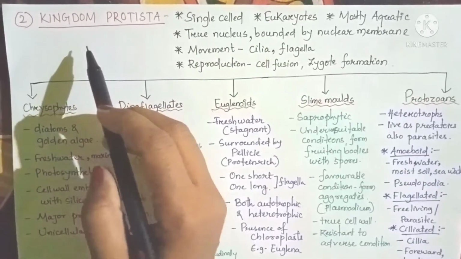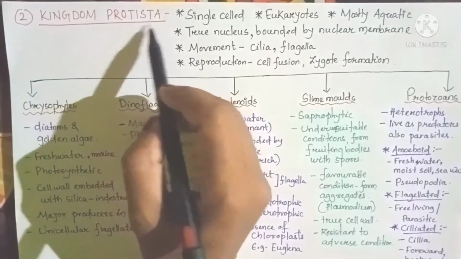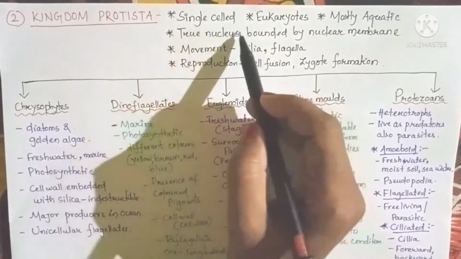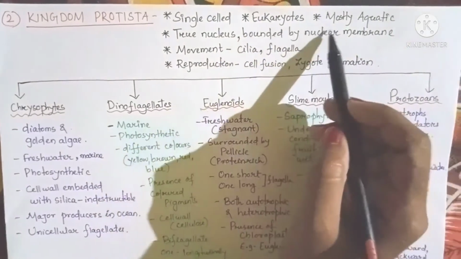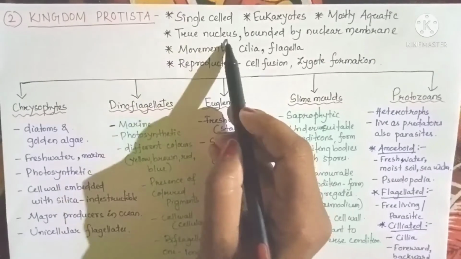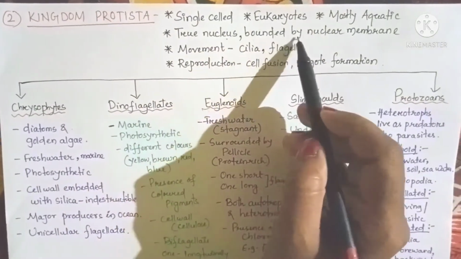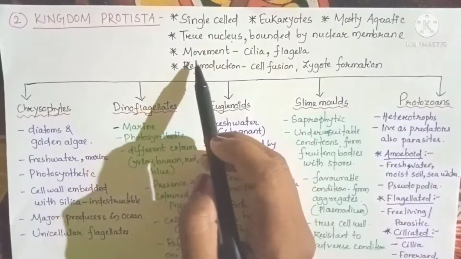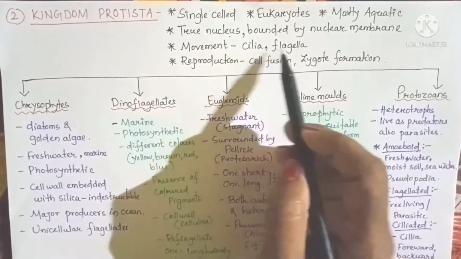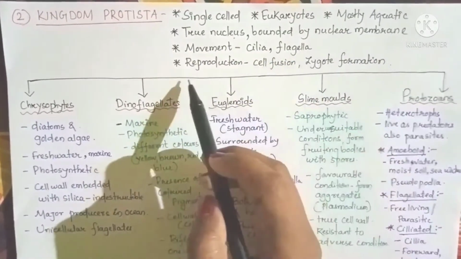Moving to the second kingdom, Kingdom Protista. They are single-celled eukaryotes, mostly aquatic in nature. They possess a true nucleus bounded by a nuclear membrane. Movement is by cilia and flagella.